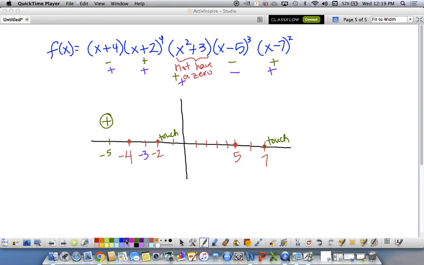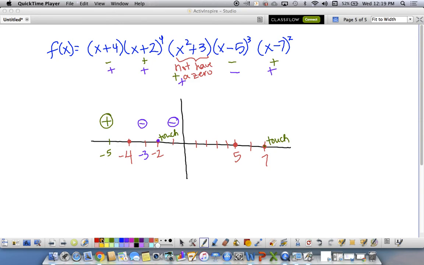So I've got 4 positives and 1 negative, which means it's going to be negative. Now I can go ahead and plug in 0, but no matter what, where we touch, the other side has to be the same.